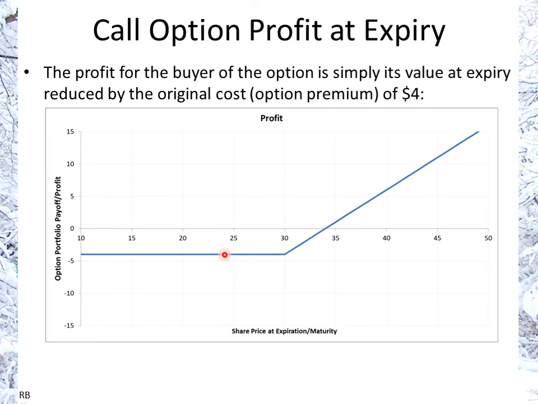Because you bought the option for $4, and then it's worth nothing at the end. Now, starting from 30, you start gaining $1 for each dollar that the share price is increasing. So as you can see here, that's where your inflection point is, 30. It's basically, if you'll notice, the previous graph reduced by $4, because that's the profit.